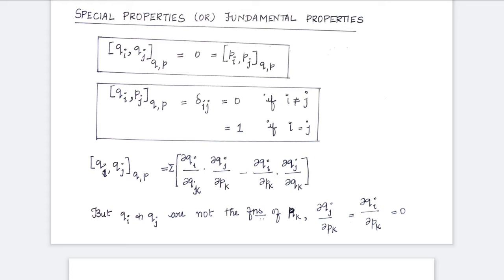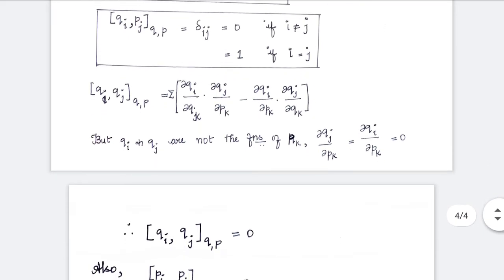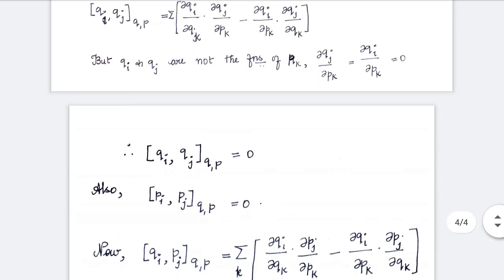We know Qi and Qj are not functions of the momentum coordinate. So dou Qj by dou Pk and dou Qi by dou Pk will give you 0. Substituting this 0 value in the above definition, the Poisson's bracket of Qi with Qj will give you 0. In the same way, we can prove that the Poisson's bracket of the momentum coordinate of the ith particle with the jth particle will also give you a 0 value.